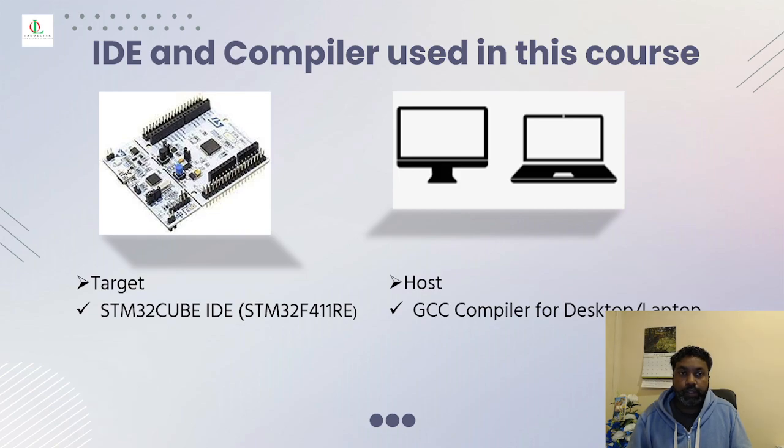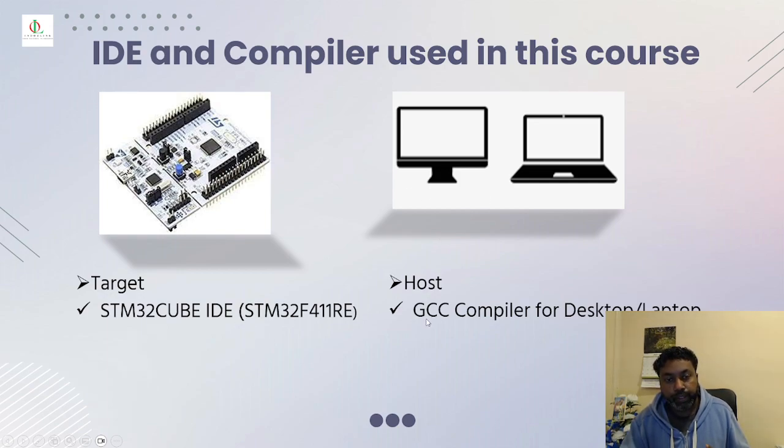So what are all the IDE and the compiler used in this course? We have a target and a host, as we call in every programming, every IDE. So the target here we're going to use is the STM32Cube IDE, and the processor, the board that we're going to use is the STM32F411RE, and the host is where the IDE lives, where it sits.